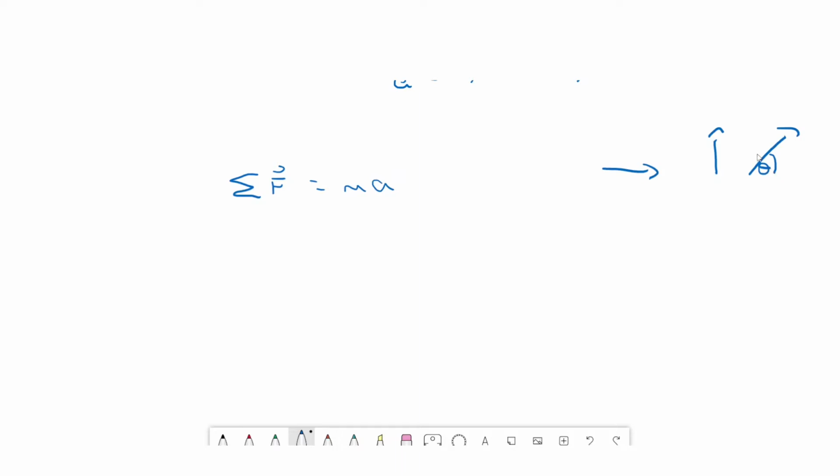So it depends. You can have forces going in different directions. Maybe this is F2, maybe this is F3. You could have a force going down as well. So you could have this situation whereby you have forces going in different directions like this. Now the question is, how are you going to deal with that?